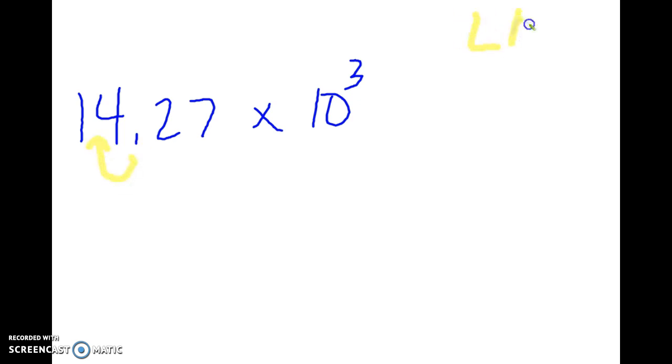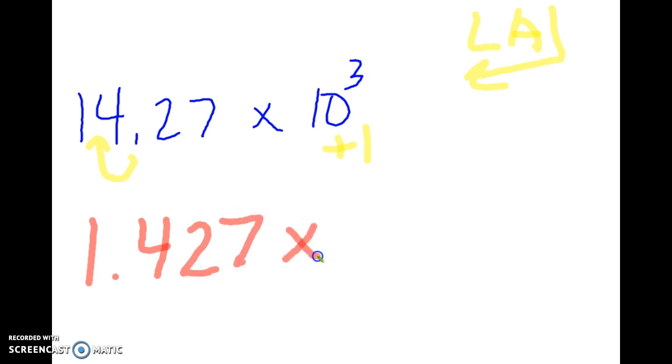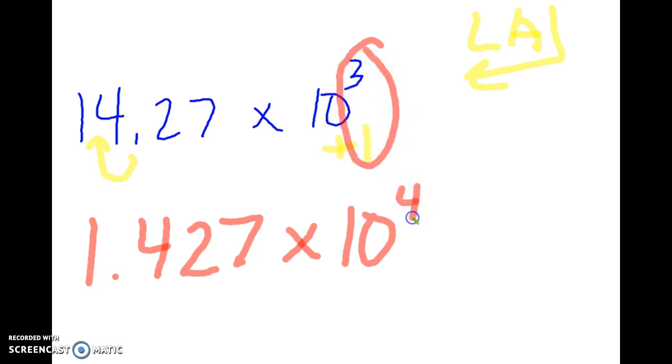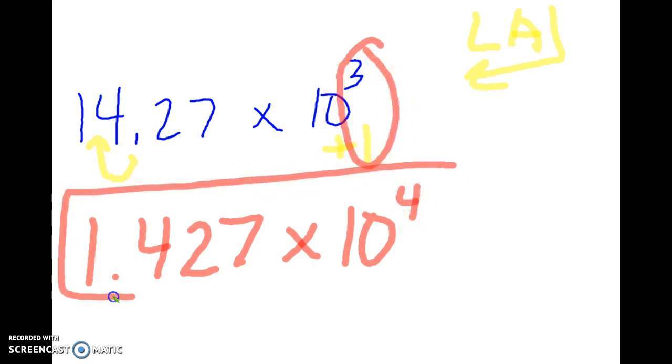And if we follow LARS, if you move it to the left, you add 1 to the exponent. So by doing that, we end up with a final answer of 1.427 times 10, not to the third, but to the fourth after you add 1. Now we have a final answer that is written in scientific notation.